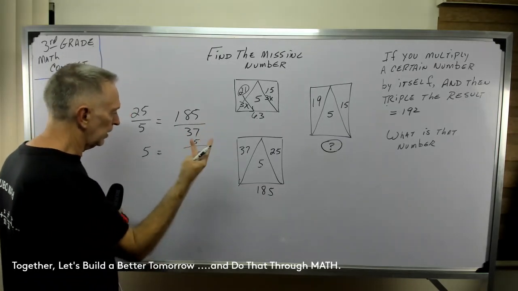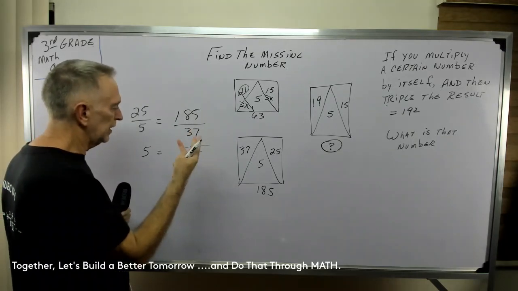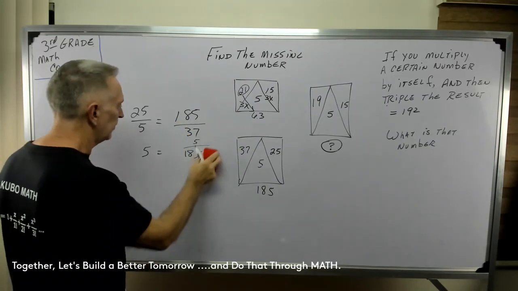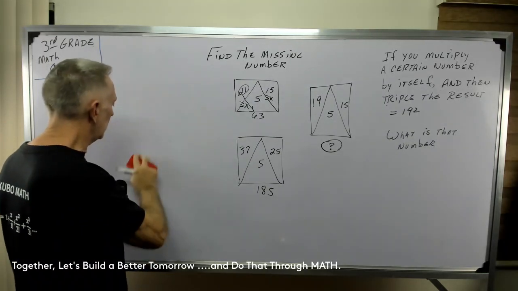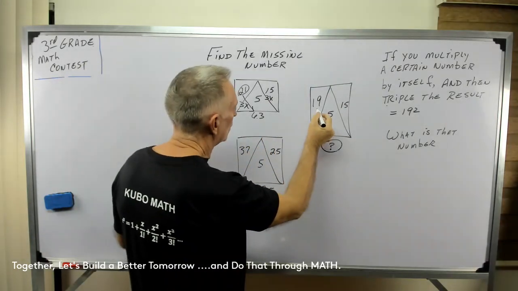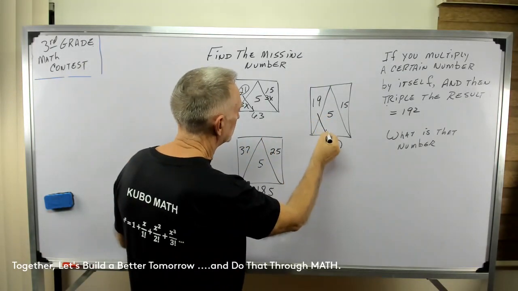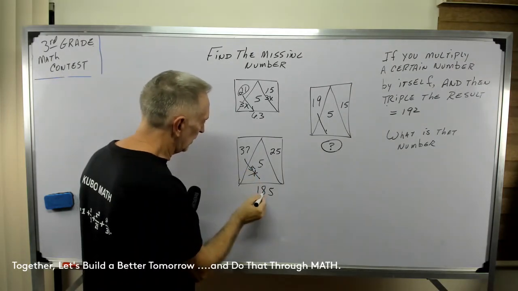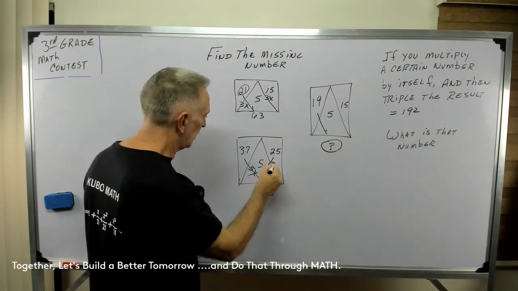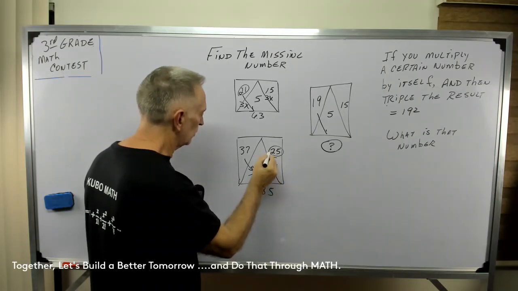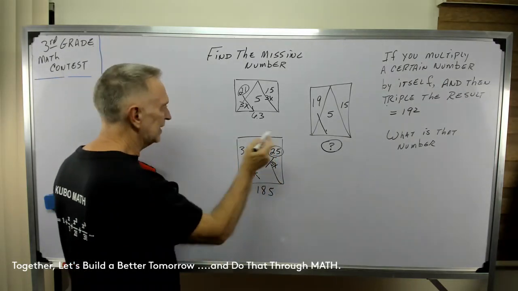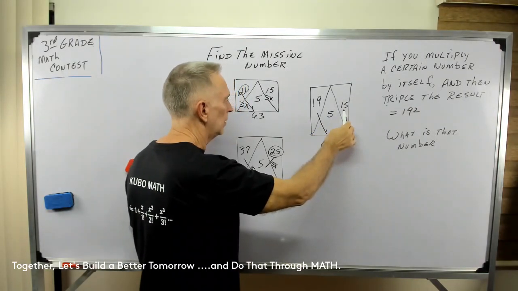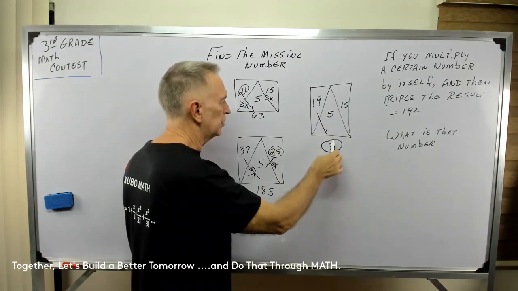I'm carrying 3. 5 times 3 is 15, 16, 17, 18. 185. Awesome. So it's saying that I can multiply this one times 5, and it gave me that one. Multiply this one times 5, and it gives me this one. So maybe that's telling me the same thing. Whatever this relationship is here, this will have the same relationship.